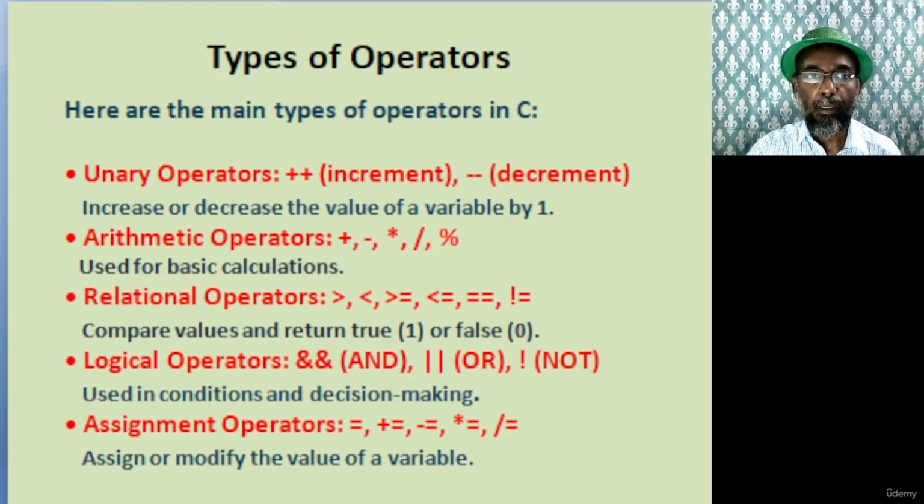Next is logical operators. Double ampersand is and. Two vertical bars is for or. One exclamation mark is for not. They combine conditions. For example, if within parentheses x greater than 0 ampersand ampersand x percentage 2 equal to 0 will check if x is positive and also even.